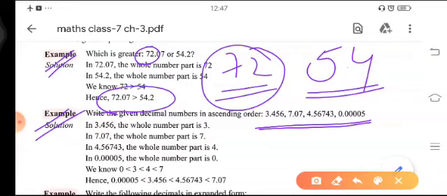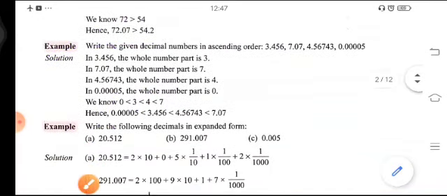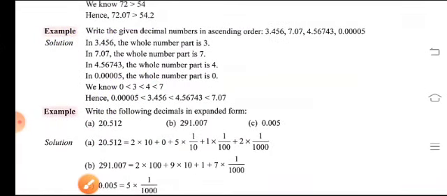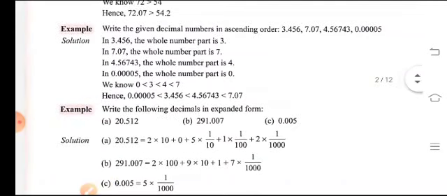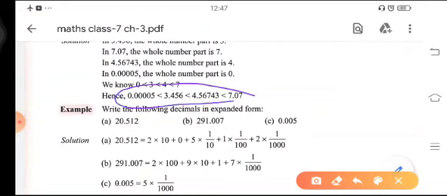In 3.456, the whole number is 3; in 7.07, the whole number is 7; in 4.56743, it is 4; and in the last one, it is 0. So which is the greater number? 7, then 4, then 3, then 0. They are written in ascending order, smaller to greater, and we write the decimal numbers accordingly.